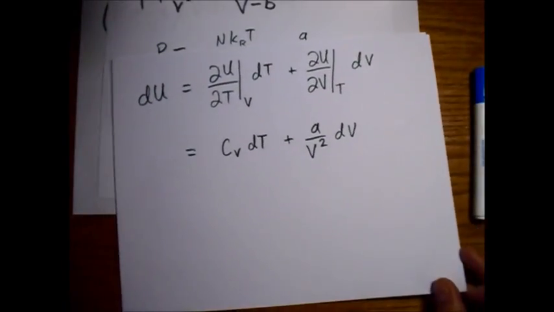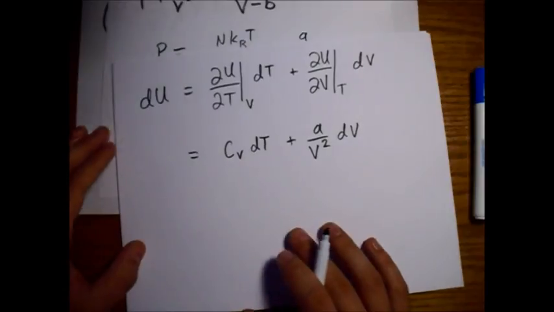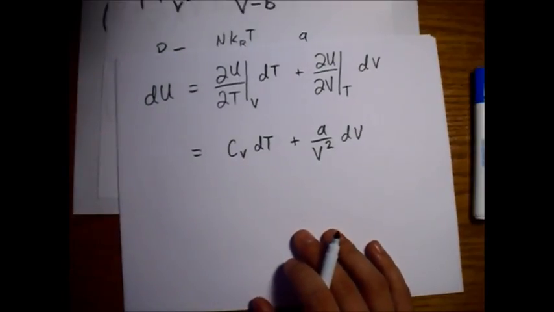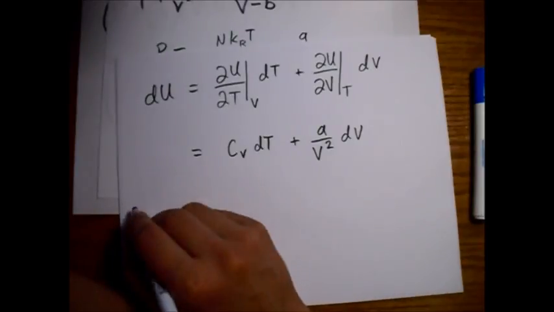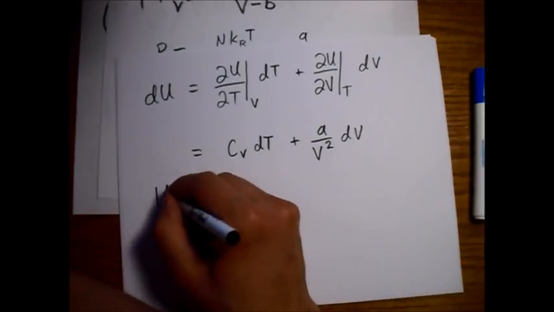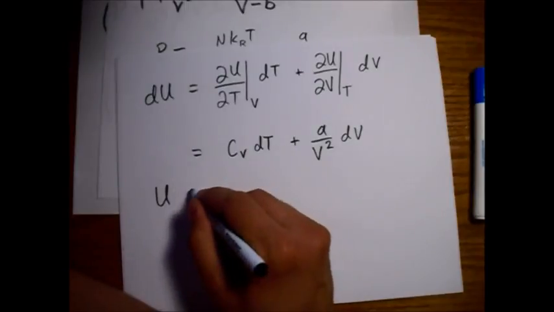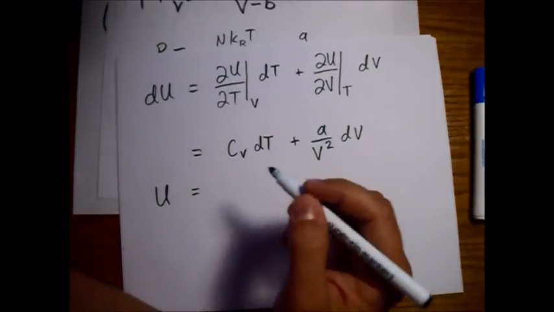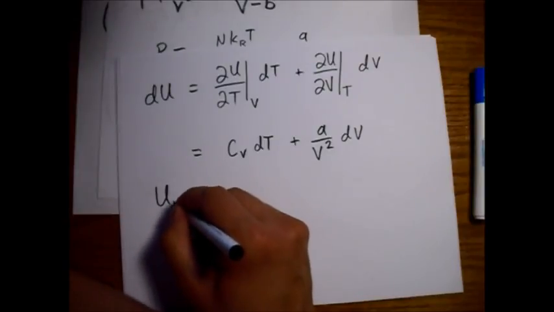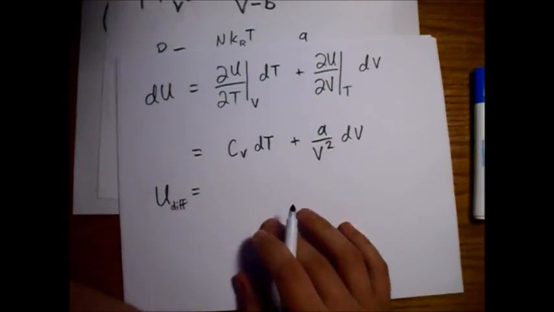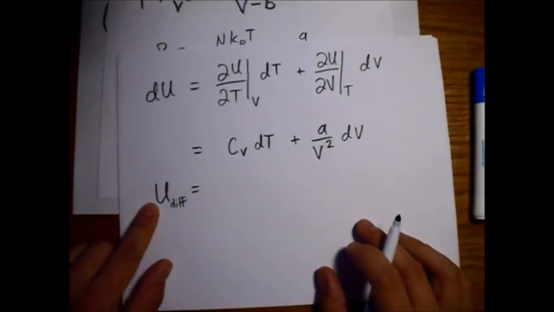Now what we were going to do is find the energy with respect to a reference temperature. So I'm going to integrate this. I'll call this U diff, the difference in internal energy.